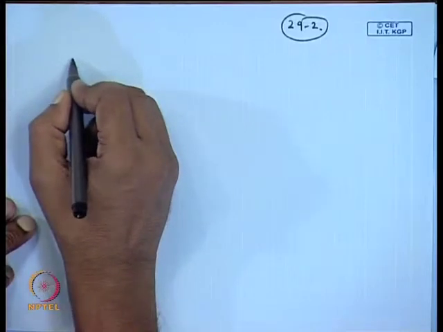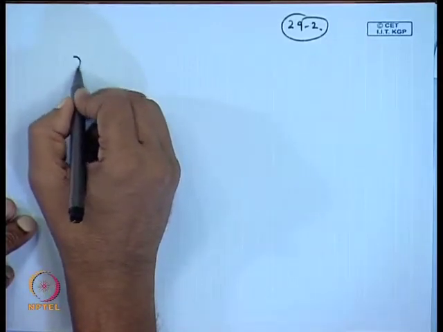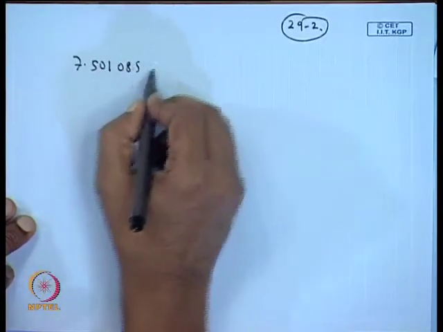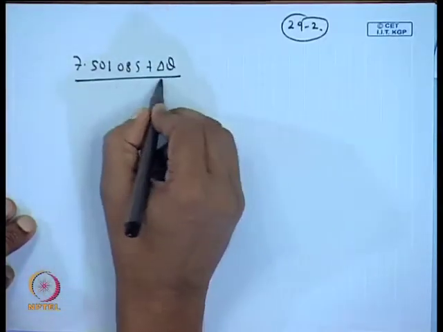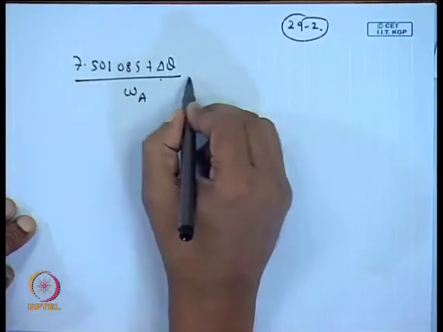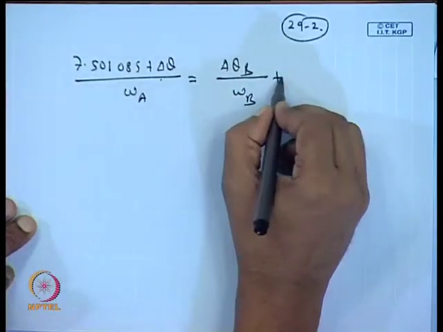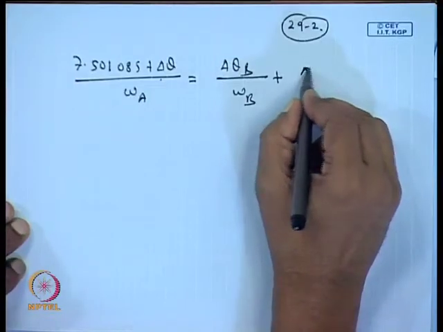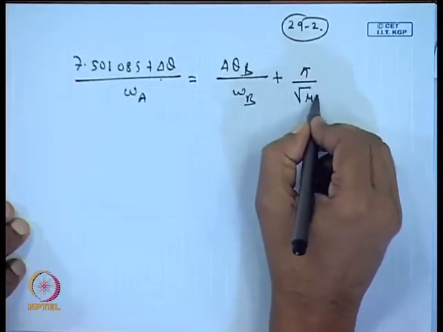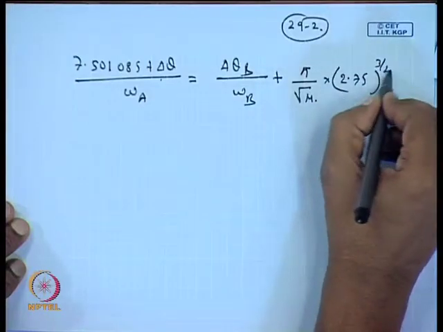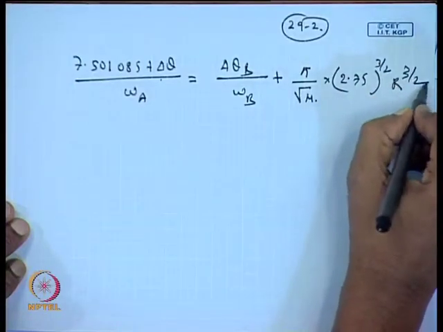So, the resulting equation after we insert it: delta theta A is 7.501085 plus delta theta B, divided by omega A, this is equal to T half, which we have written as pi by root mu times 2.75 to the power 3 by 2 times r to the power 3 by 2.